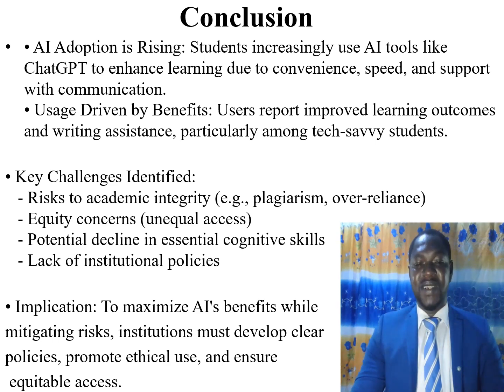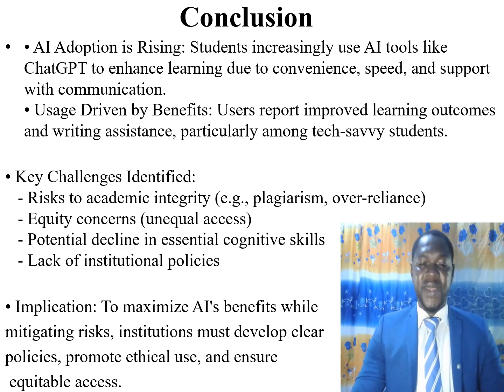Students found the use of AI tools beneficial, and that is seen in their learning outcomes, and they continue to use ChatGPT because of its benefits. Key challenges identified. 1.